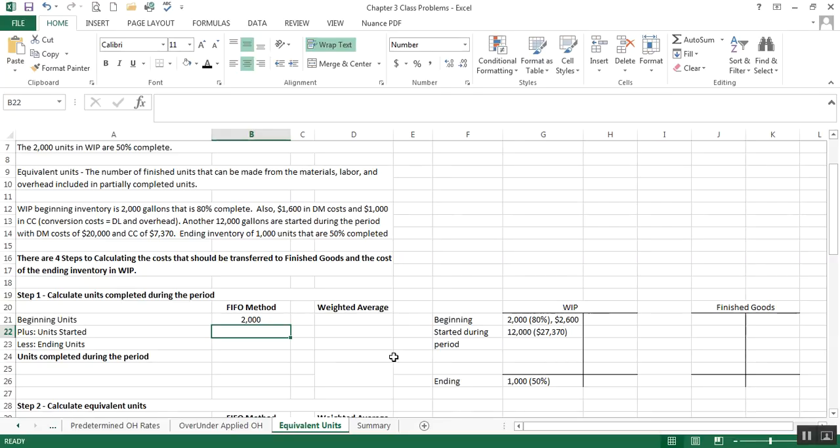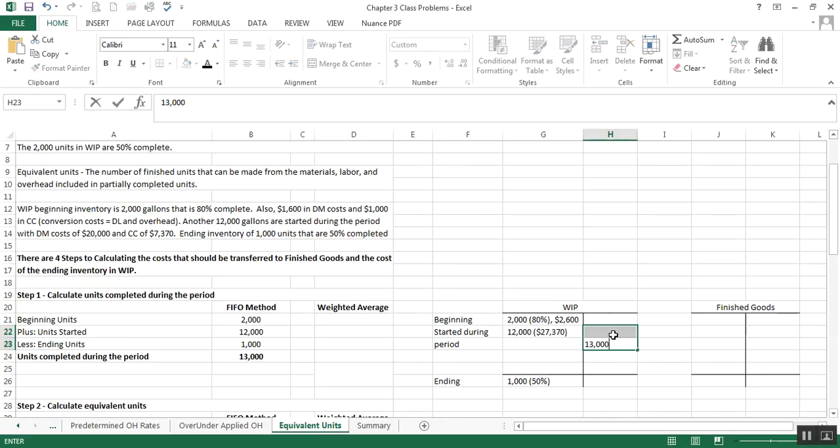So we have 2,000 in the beginning, plus we started 12,000, and we have 1,000 ending. So it's going to be 2,000 plus 12,000 minus 1,000, okay? So that means we have 13,000 units that were transferred over to finished goods.